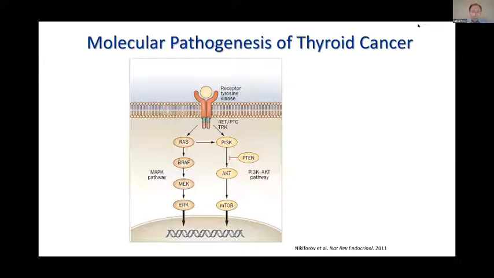So if you look overall at the molecular pathogenesis of thyroid cancer, it is relatively simple. We know that the vast majority, almost all, at least papillary and follicular carcinomas, develop through activation of two signaling pathways, MAPK, or mitogen activated protein kinase pathway, and PI3 kinase AKT pathway.